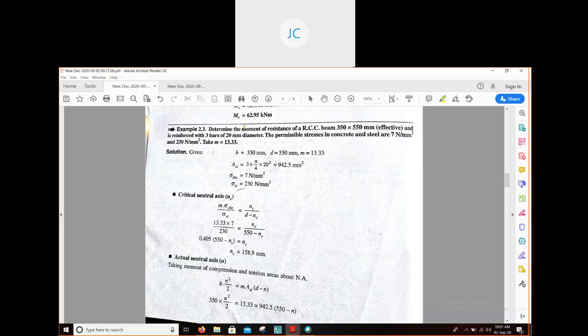This is a very simple problem. Try to solve this one because all values are given. You see the formula.